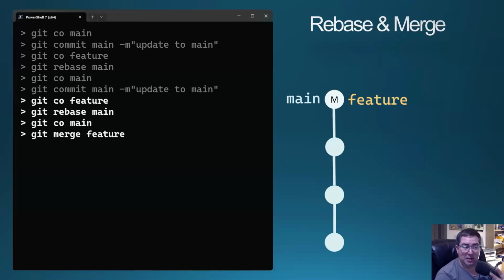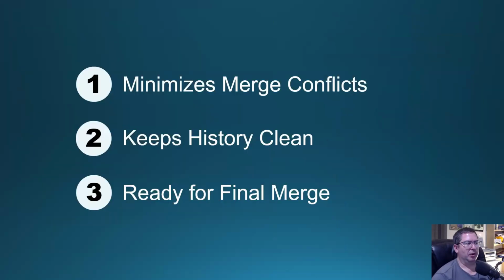This keeps your feature branch aligned with main all the way up with the latest changes, and this minimizes the merge conflicts to help with stability. So if you were to merge everything from main all at once at the end, you're more likely to run into conflicts than if you do it piecewise as the main updates separate from the feature branch. This makes it easier to control and keep control of your development story.